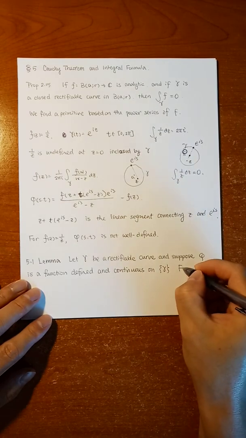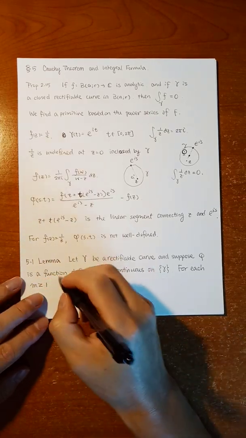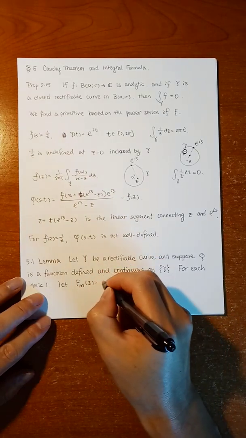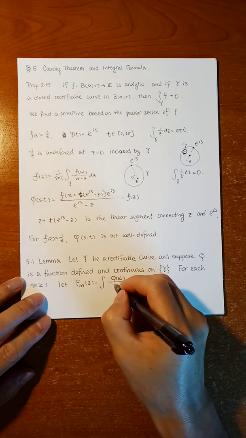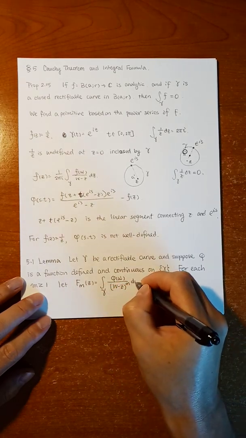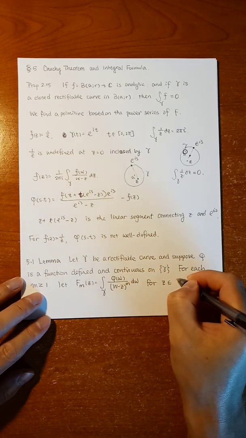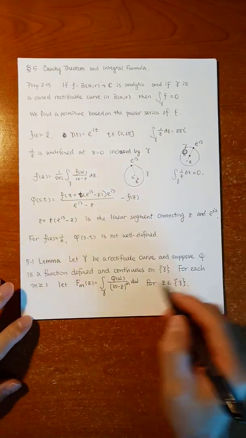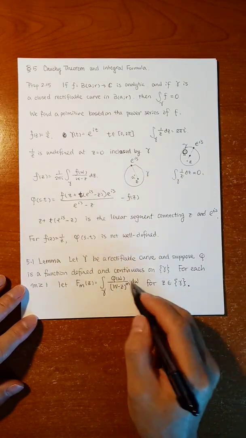For each m greater than or equal to 1, let capital F_m of z be the integral along gamma of phi of w over (w minus z) to the mth power dw. This is for z not in the trace of gamma, so the denominator is not 0. This is our definition.